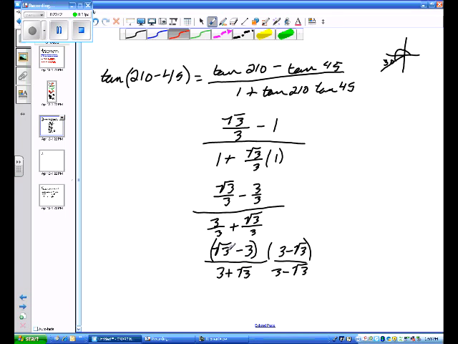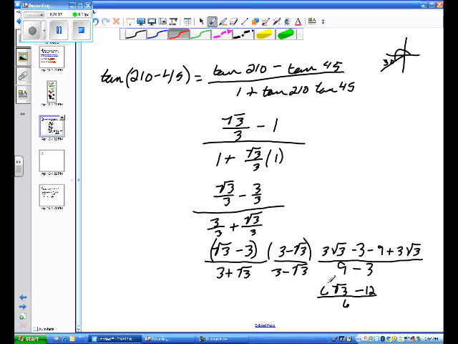So multiplying that out, we have 3 square roots of 3 minus 3 minus 9 plus 3 square roots of 3. For the denominator, these are conjugates, so it's the first term squared minus the last term squared, which would be 6. So combining our like terms, we end up with 6 square roots of 3 minus 12 over 6.